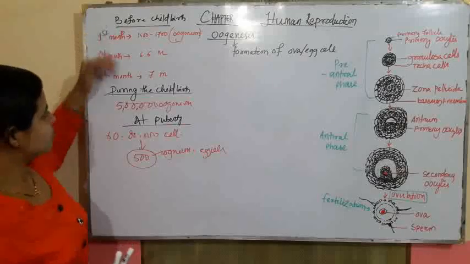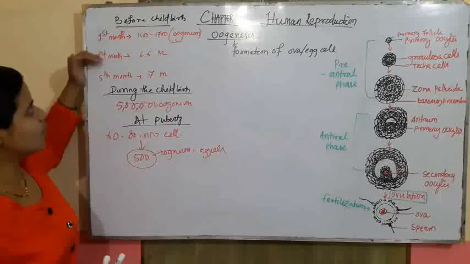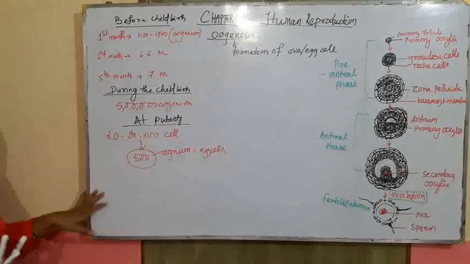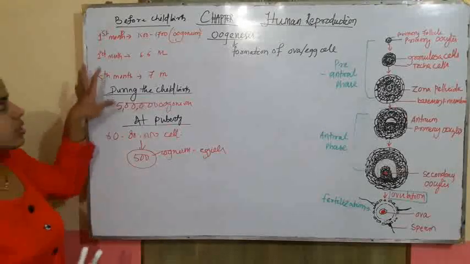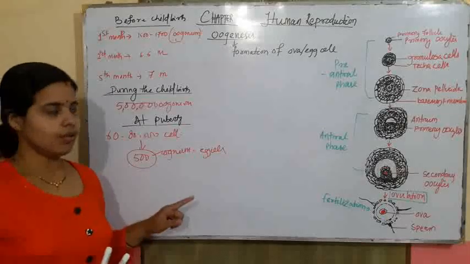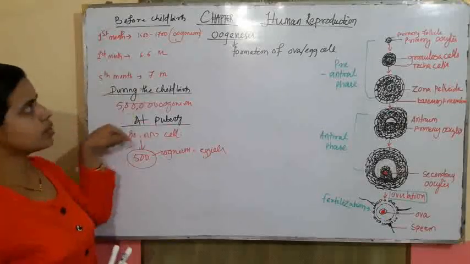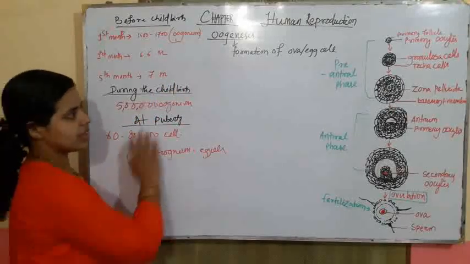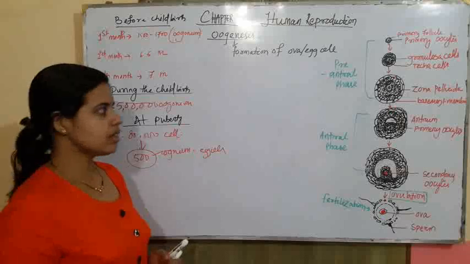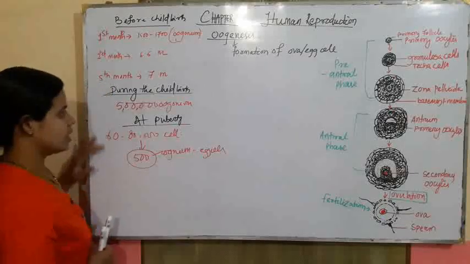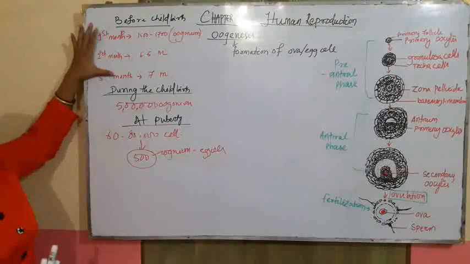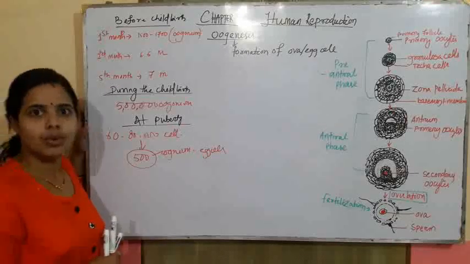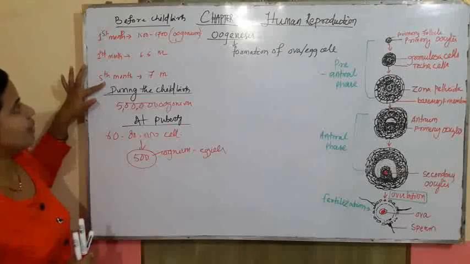By this process the number of oogoniums slowly decreases. This happens before childbirth, and remember, after childbirth there is no more addition of oogonium. This is final.